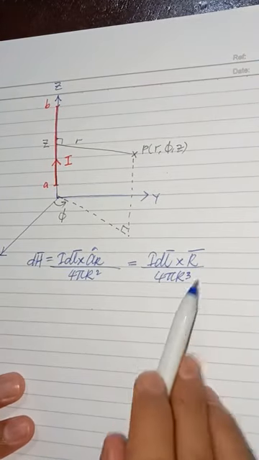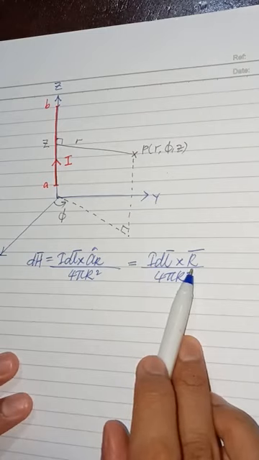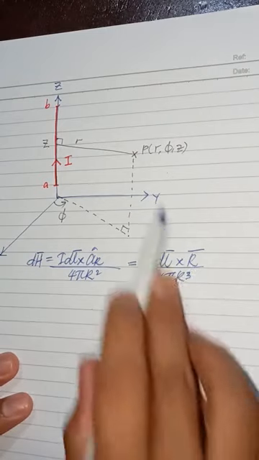This R, guys, is actually a vector joining the current element to the point of interest.